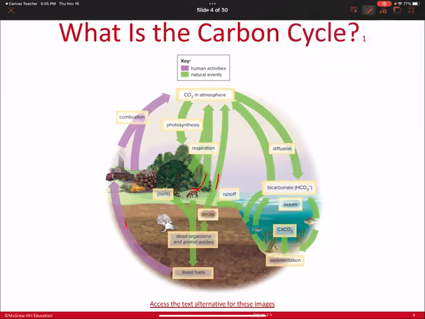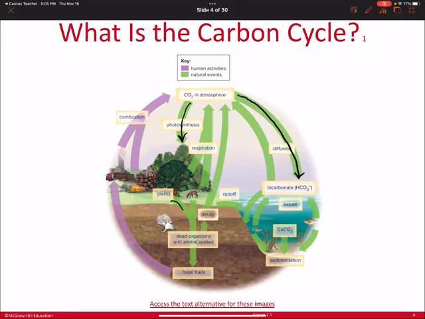And there are other ways that we can get carbon dioxide out of the atmosphere. Photosynthesis is one way. The ocean will absorb carbon dioxide through diffusion, and it becomes bicarbonate in the ocean. We talked about that too, the acidification of the ocean.